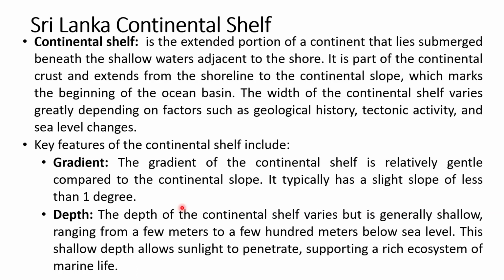In some areas it can go around more than that. The depth of the continental shelf varies but is generally shallow, ranging from a few meters to a few hundred meters below sea level. This shallow depth allows sunlight to penetrate, supporting a rich ecosystem of marine life.